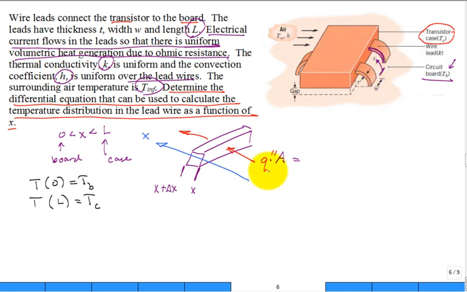Wouldn't this be with W going back and thickness T up? So is that area W times T? Thumbs up if you agree.